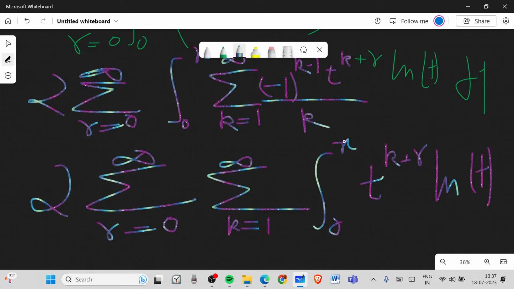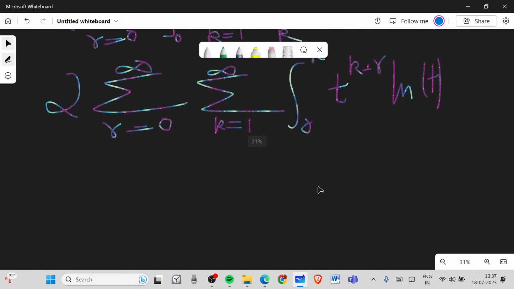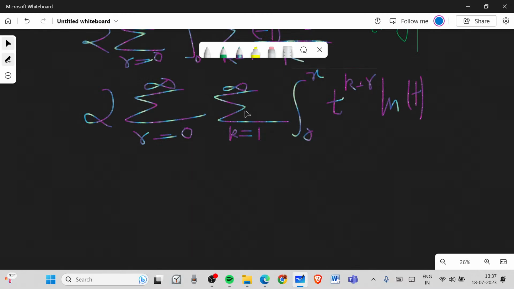But what I'm afraid about is that in a video in which we did almost a similar question, x was 1, but in this case x is not 1. So I think there would be trouble. We would be getting a triple sigma kind of thing. Let's see.